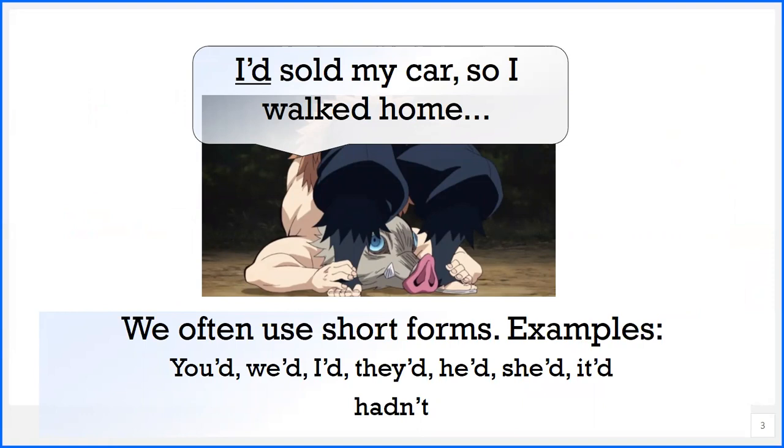Here we have some more contractions underneath, you'd, we'd, I'd, etc. So it's very important for you guys to make sure that if you want to apply it, you're applying it in the proper way. And if you see it, you know that it can be the contraction of you and had, not to be confused with you and would. The context is what's going to tell you which one it is. We also have hadn't for our negatives. So make sure that you're using contractions properly.